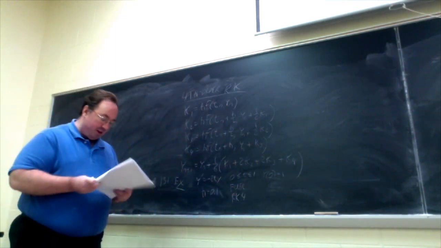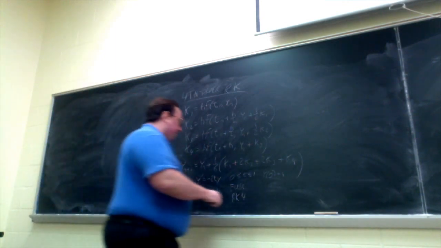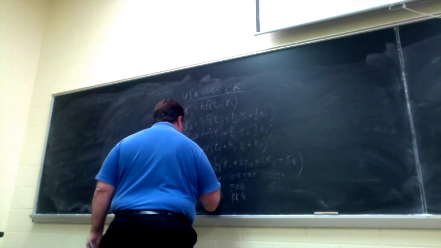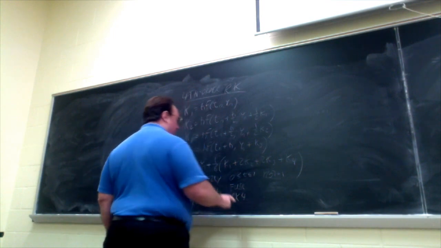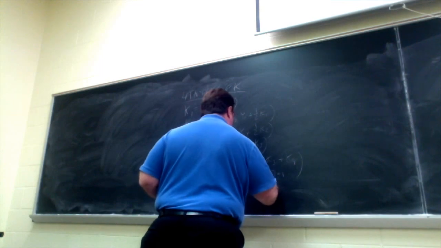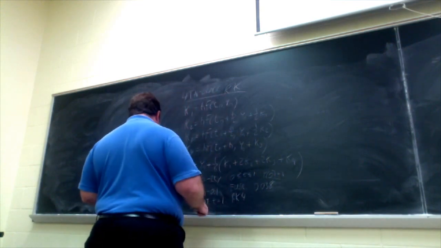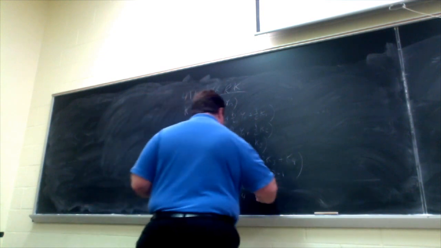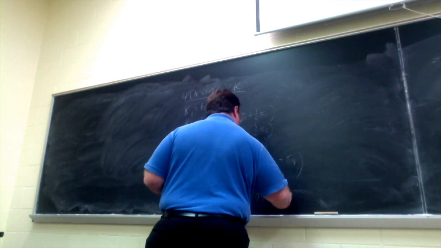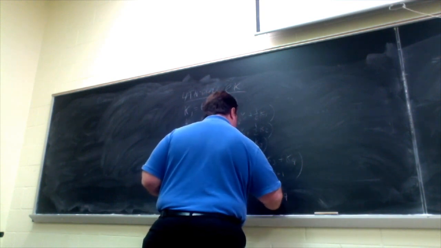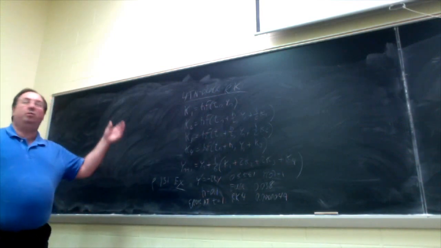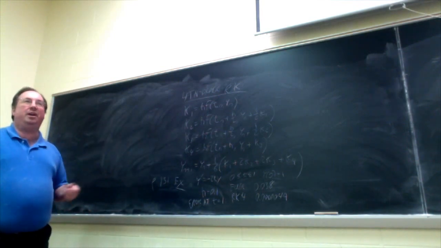If I want the error at the final time t equals 1, for Euler's method, it's not horrible. The error is about 0.038, whereas for fourth order Runge-Kutta, same time step, same everything, it's 0.0000044. So totally blew it away. But it's also doing more work. But think of it this way.